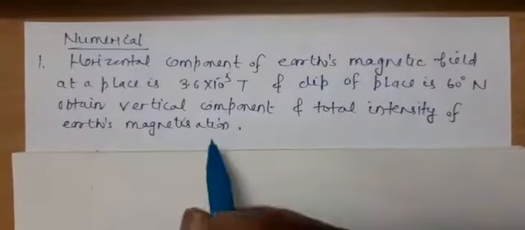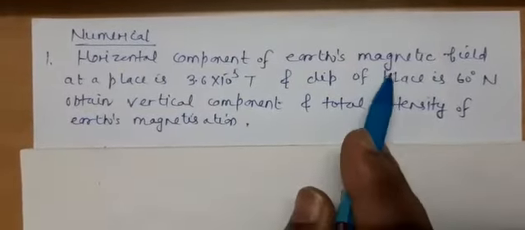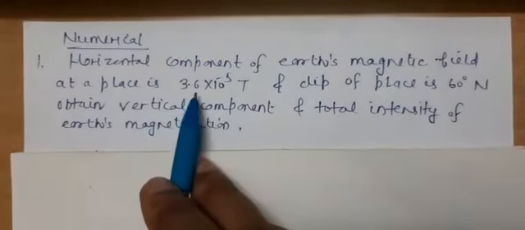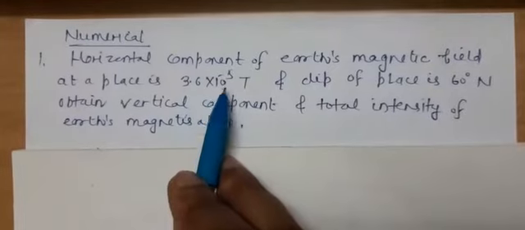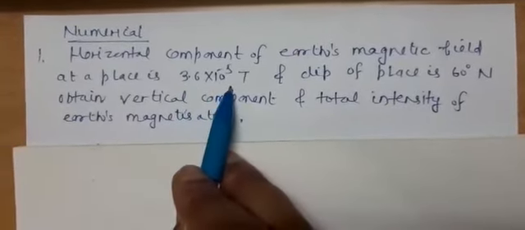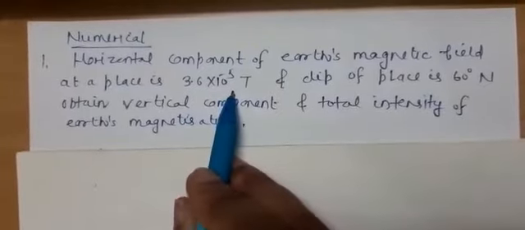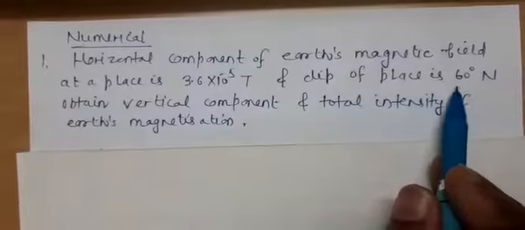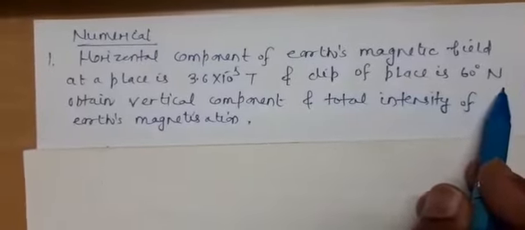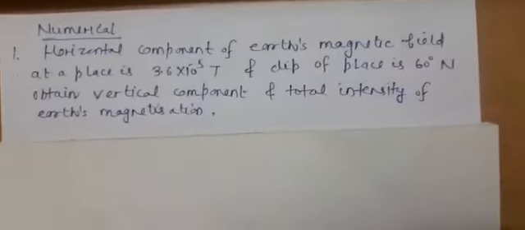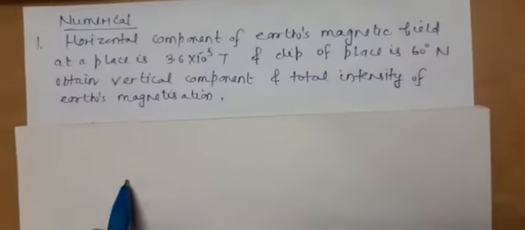Now, horizontal component of earth magnetic field at a place is 3.6 × 10 raised to the power minus 5 Tesla. See, horizontal component H has been given in the statement. And dip of the place, that means angle of dip, is given to be 60 degree north. Obtain vertical component and total intensity of earth magnetization.